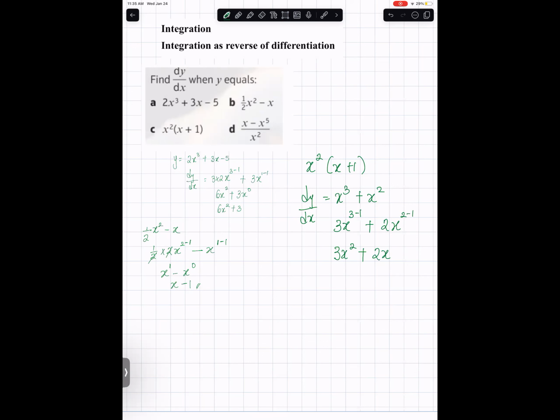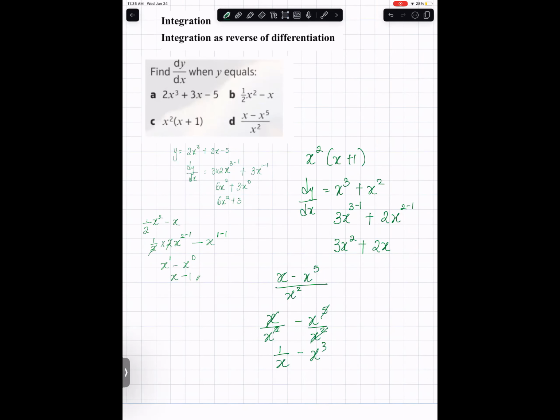And let's move to the final question, that says x minus x to the power of 5 over x squared. In this, I'm going to separate both of them. I'll have x over x squared minus x to the power of 5 over x squared. If I divide this, I'll have 1 over x minus x cubed. Now you can go ahead to differentiate this. 1 over x can be written as x to the power of minus 1.